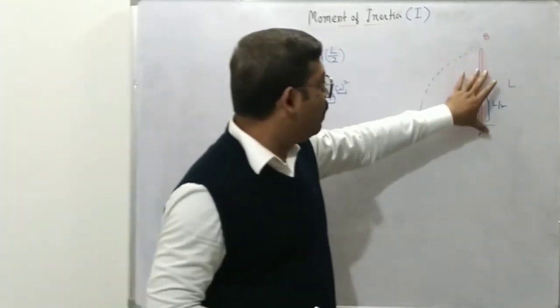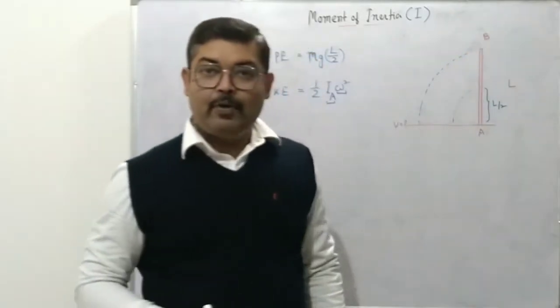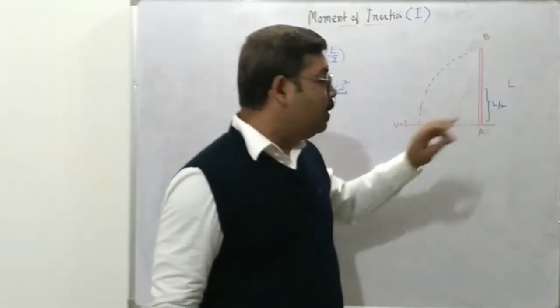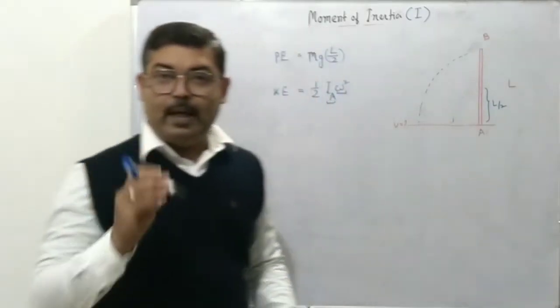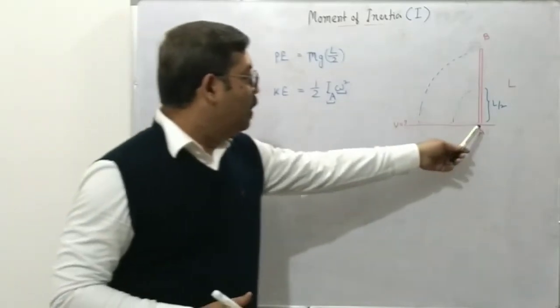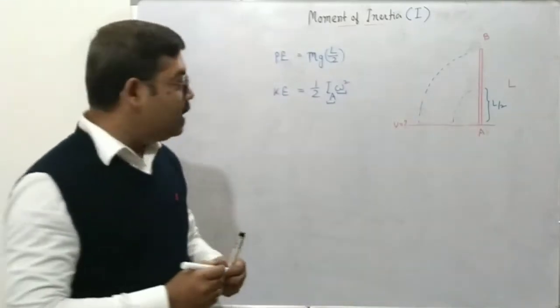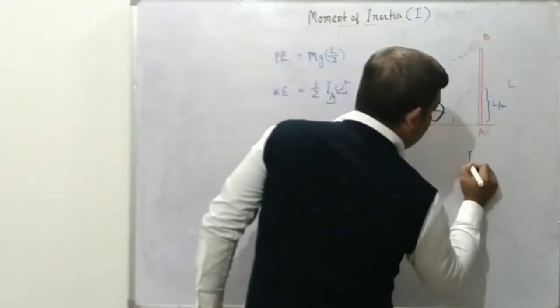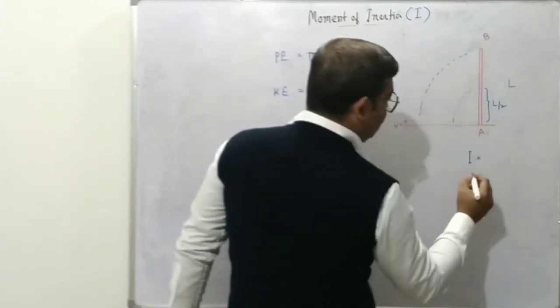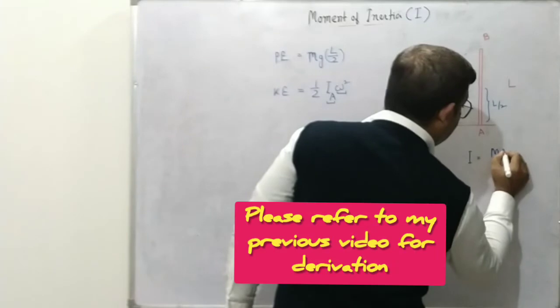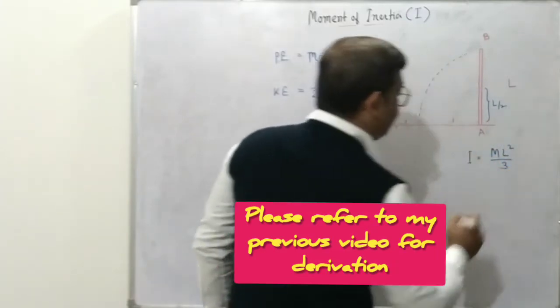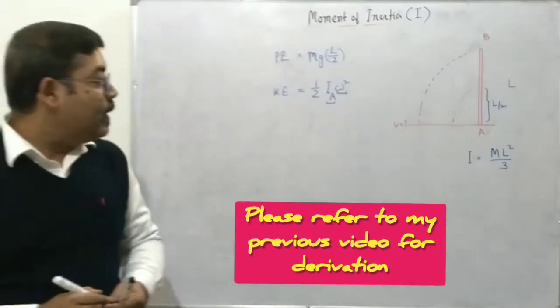So for a thin uniform rod, moment of inertia about an axis perpendicular to the rod and through one end of it, as is the case here. What was it? It was I equal to M L square by 3. That is why it is important.